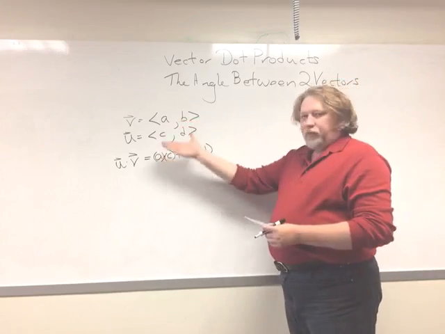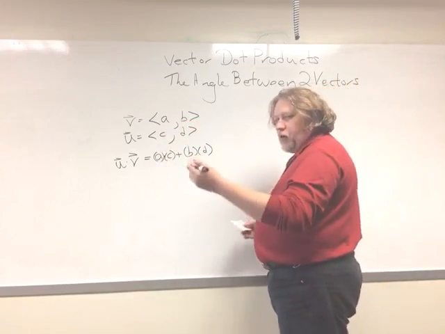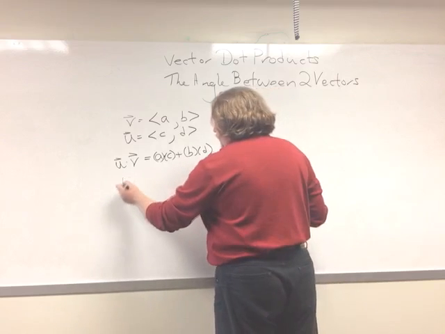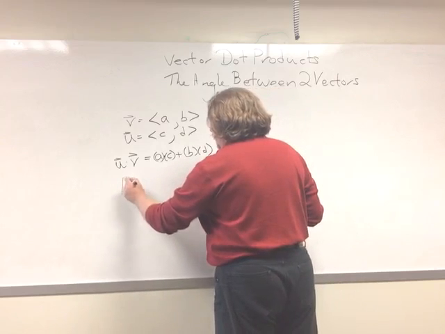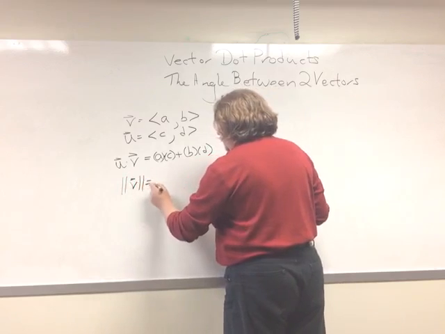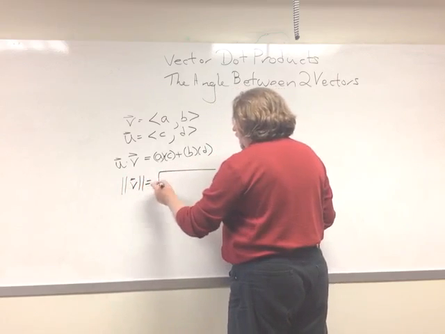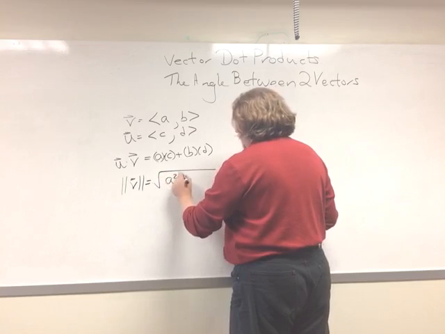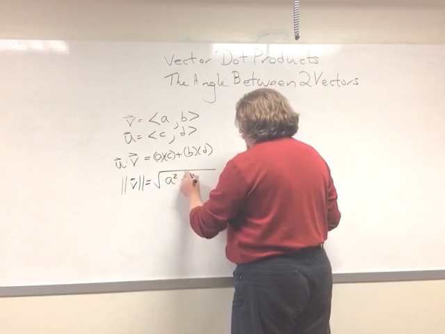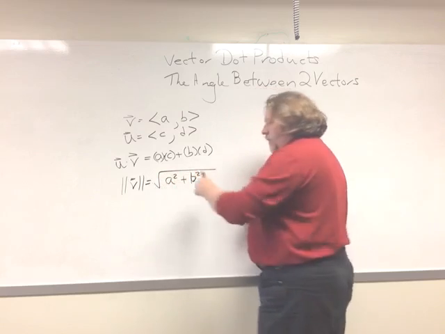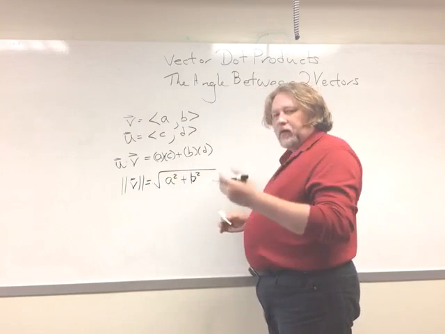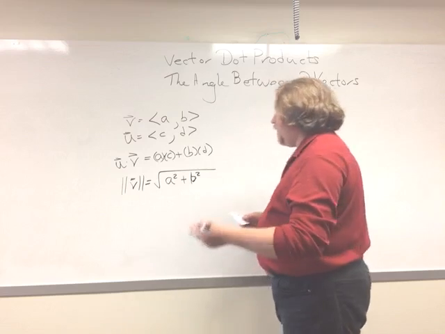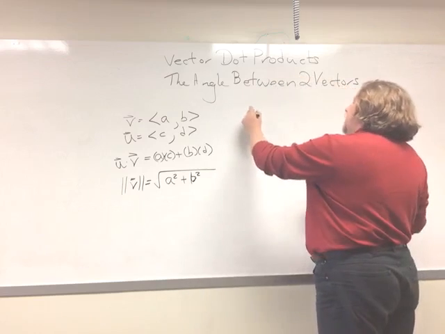So first of all, we've got this formula for dot product, and you already know from previous videos that if you want to find the magnitude of a vector, you just use the Pythagorean theorem. You take the x component and square it, plus the y component and square it, and take the square root of the sum. Well, if we want to find the angle between two vectors, there's a formula.